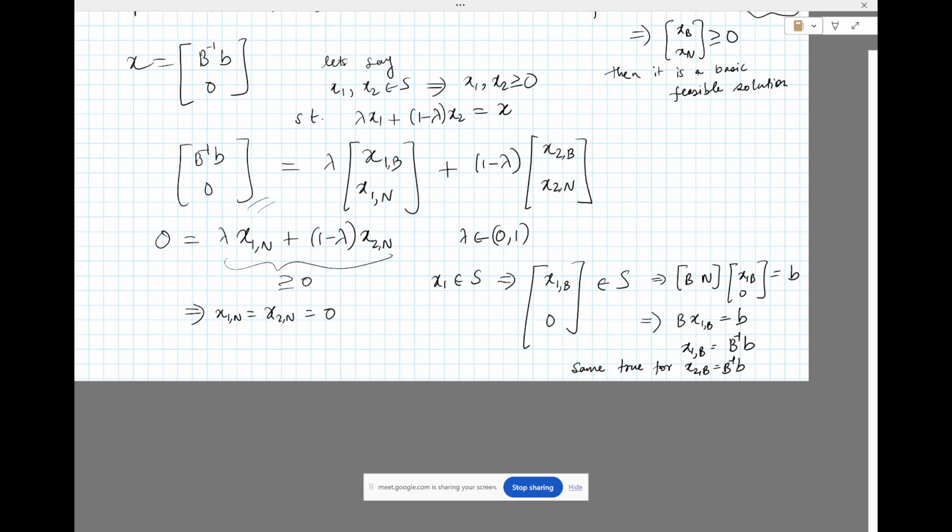So it is an extreme point, equal to x. Is it clear? Yes, yes. Okay.